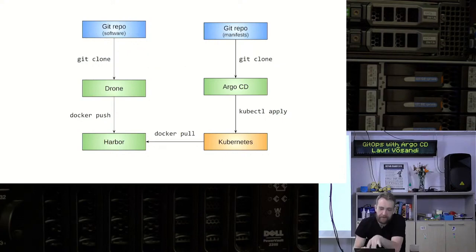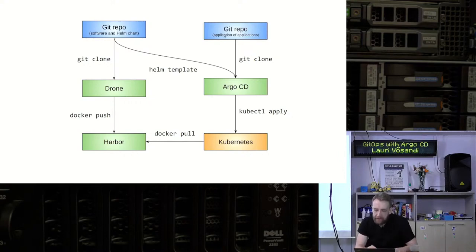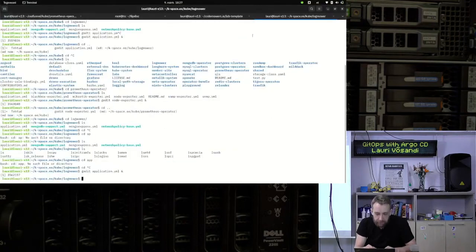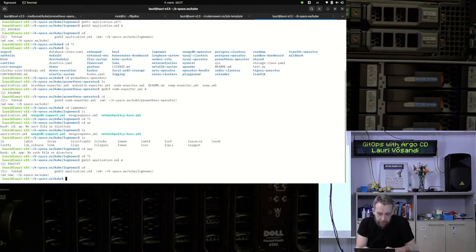But I guess these two options are the sane options to have. You might want to improve on top of either of those two, but generally speaking, these are the two options that make sense. And when I say application of applications, let me show you what I mean by that.